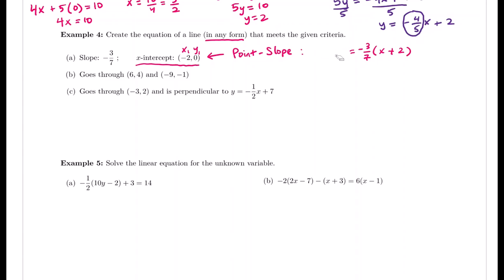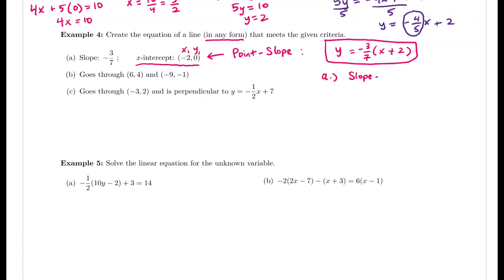So if I wanted to simplify that, I could write it as y equals negative 3 over 7 times the quantity x plus 2. And I could just leave it like that. Or I could change it into slope-intercept form if I wanted to. The way that I would do that is by distributing the negative 3/7. So just for fun, let's do that. So this is for part A still.